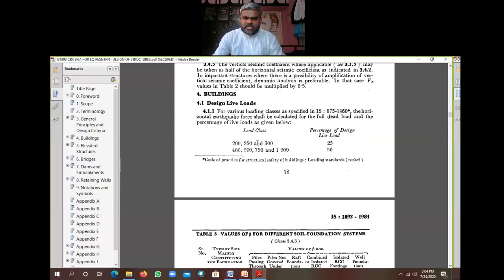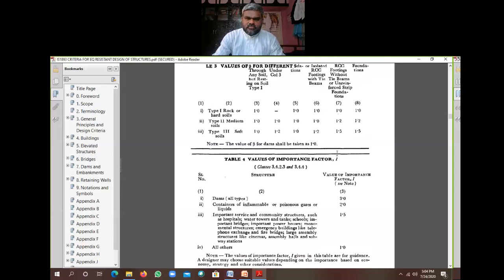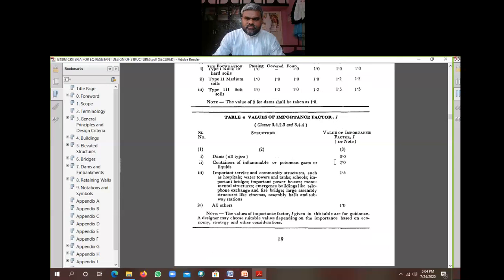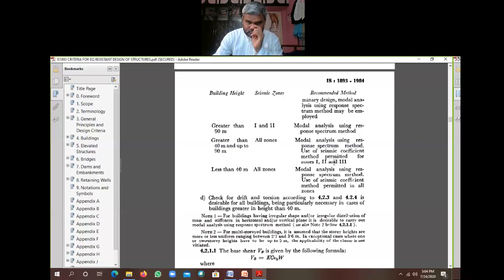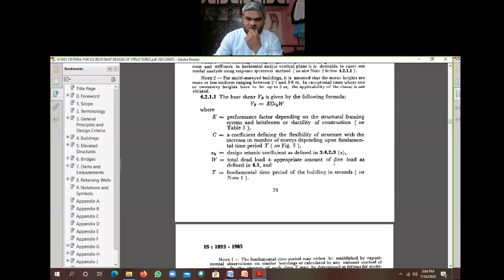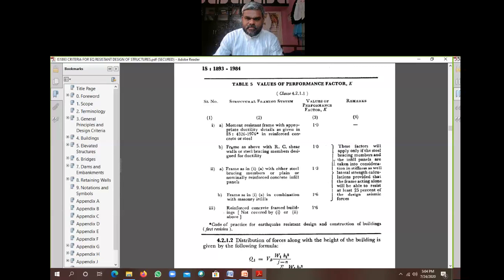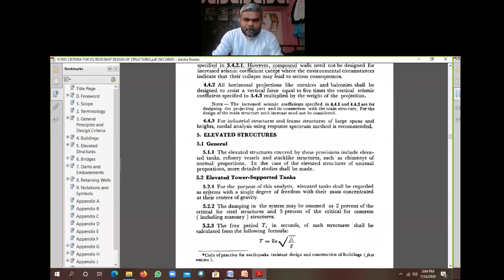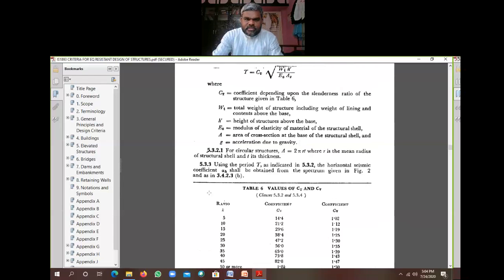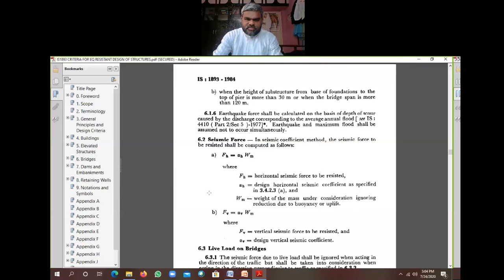See, load class has been given like this. This is how the code reference has been taken for the seismic effects.